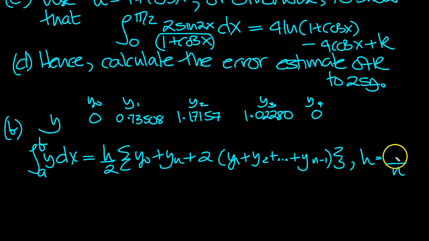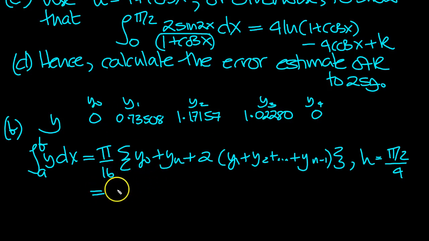B minus A. N is the value here, because it's y0 to yn. So that's 4. That's the number of intervals. So h is pi over 8. So when we have h over 2, it's going to be pi over 16, isn't it? So let's put that in there. Pi over 16 goes here. Okay. And then we just need to tap it on the calculator, don't we?